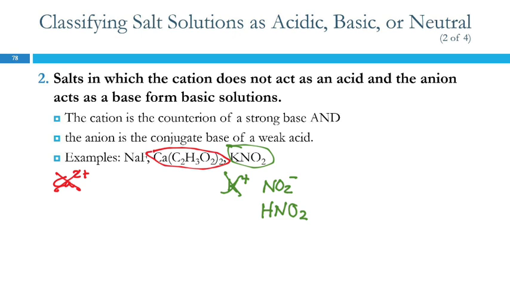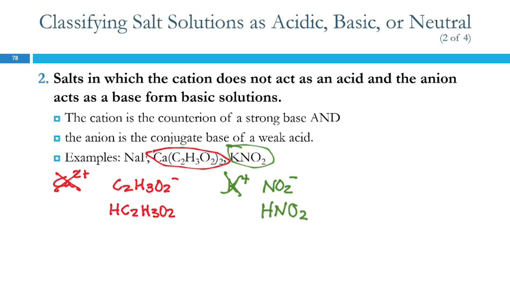The other thing we have there is C2H3O2 with a -1 charge. What acid does that come from? Acetic acid, or HC2H3O2. Take this guy, slap a hydrogen ion on it. What do you get? Well, there's the acid. Weak or strong? Weak. This is a weak acid, so this is a weak base.